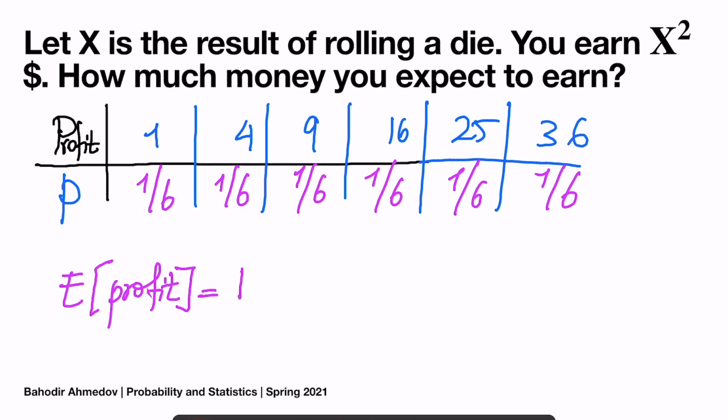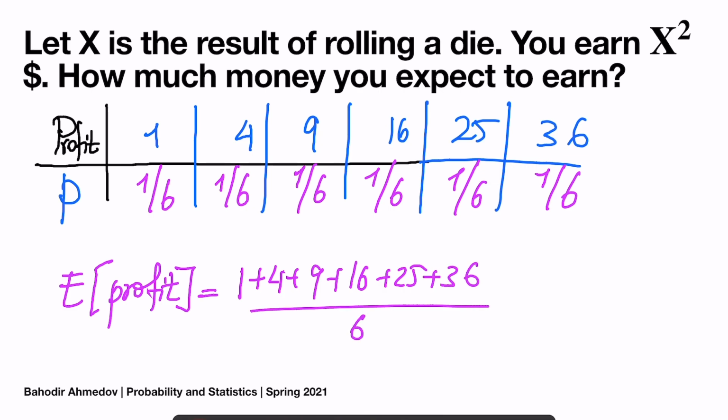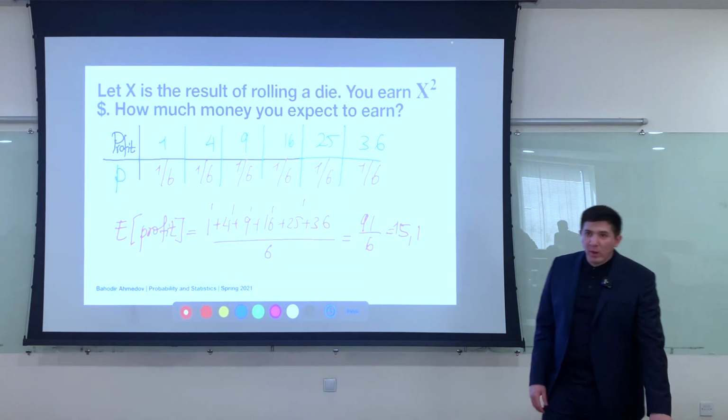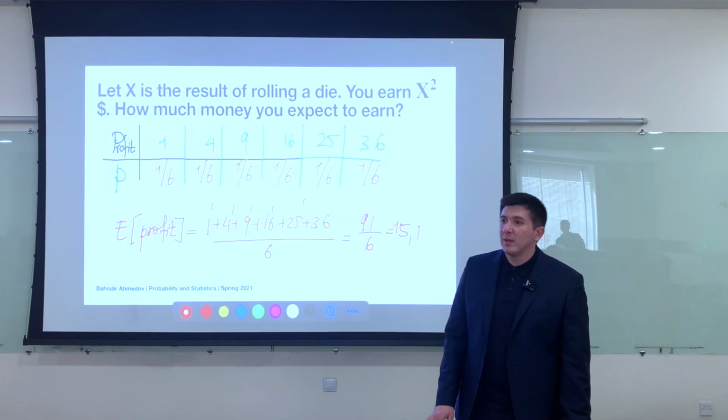It is going to be 1 plus 4 plus 9 plus 16 plus 25 plus 36 divided by 6. Well, this is going to be 55, 91, 91 over 6. Okay, 15.1. So Kamaluddin should expect to have $15.1 if you play this game.